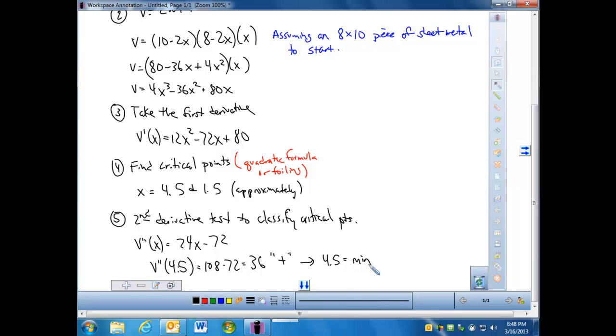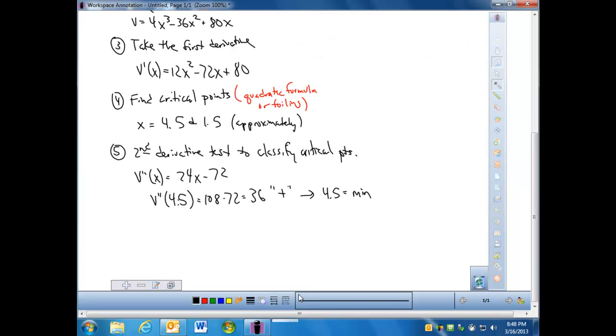Now I don't really want that answer because I don't want the minimum amount of volume. I want a maximum amount of volume for my cake pan. So hopefully when I plug 1.5 in, I'll get a different answer. So now 1.5 plugged in gives me 36 minus 72, which is negative 36, which does make it concave down, which makes 1.5 a maximum value.